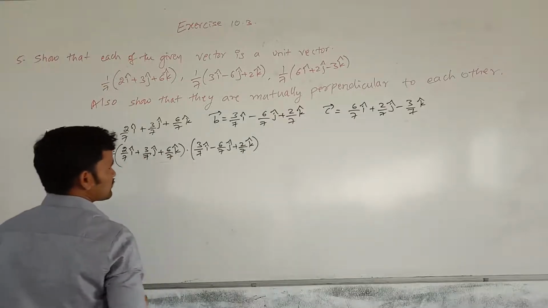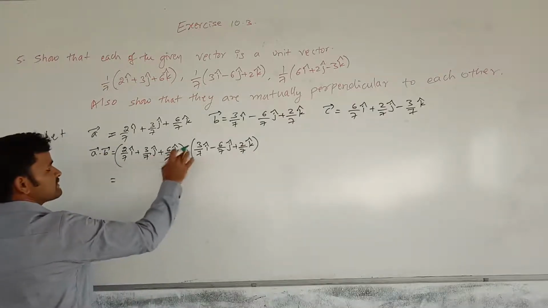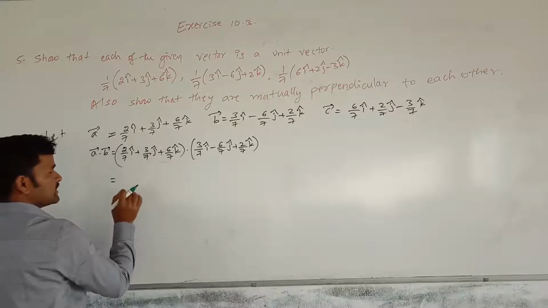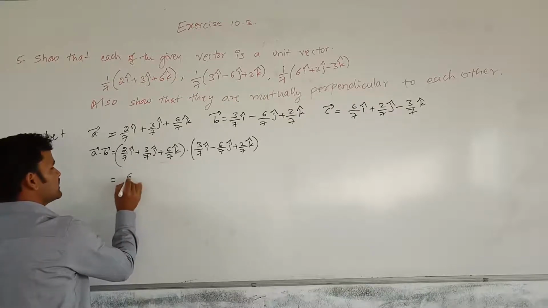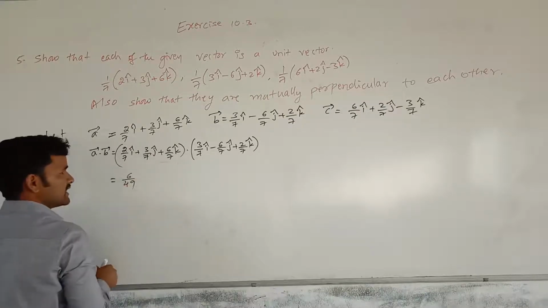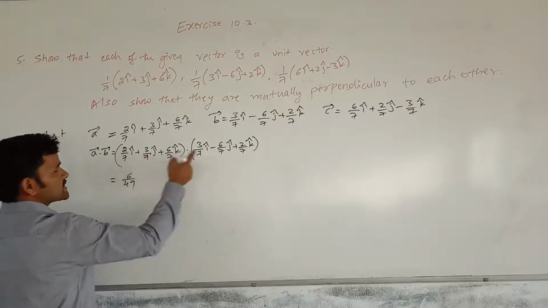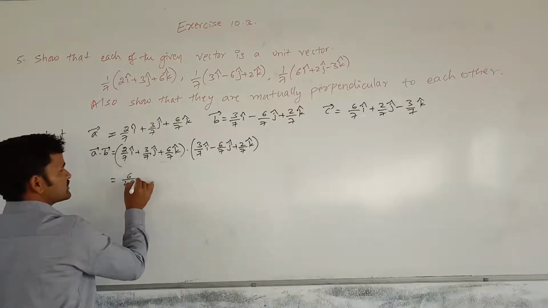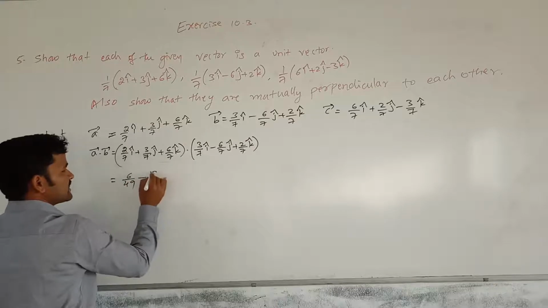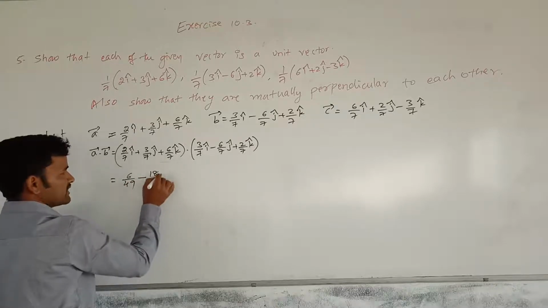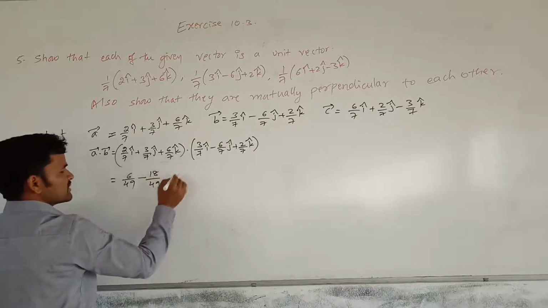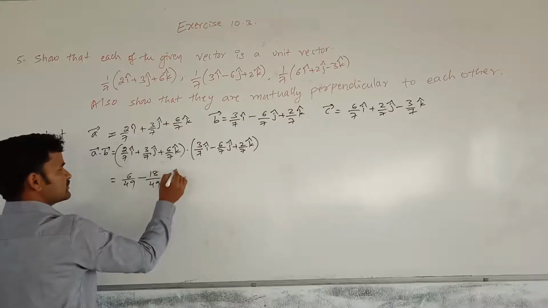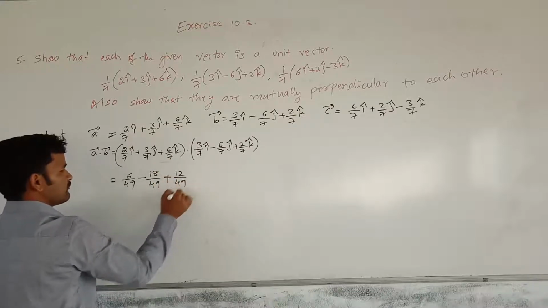Yes, corresponding components multiplication. 2 by 7 into 3 by 7, 49 denominator and numerator will be 6 by 49. Next, plus 3 by 7 into minus 6 by 7, plus into minus, minus 6 3 is 18, 18 by 49. Next, plus into plus, plus 6 into 2, 12, 12 by 49.